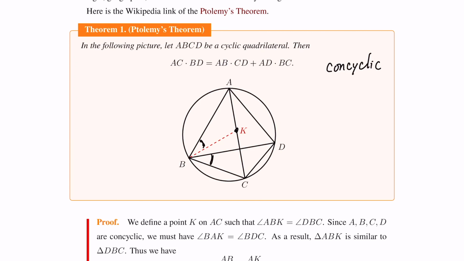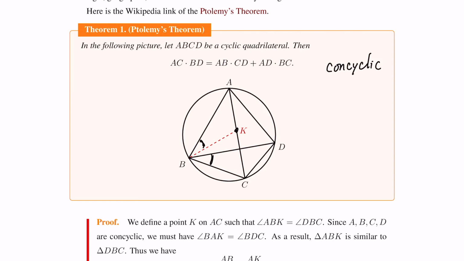So BK and BD are what we call isogonal lines with respect to triangle ABC. But anyway, we just pick K. We don't need the concept of isogonal conjugate, even though we can use that concept to prove the Ptolemy Theorem.